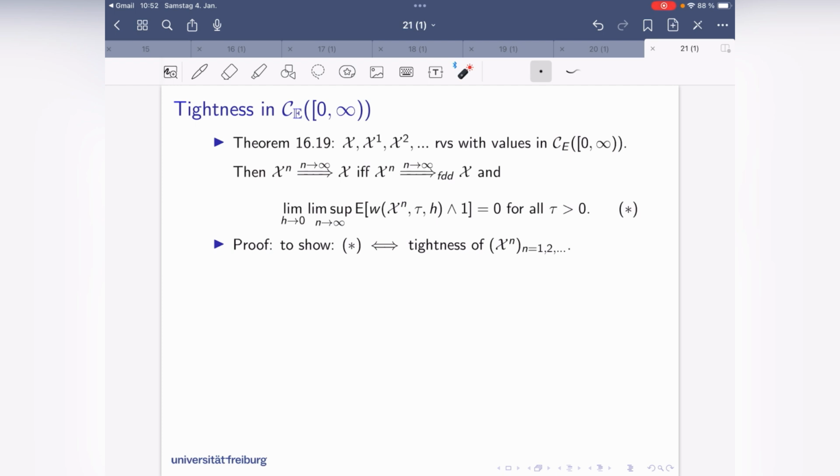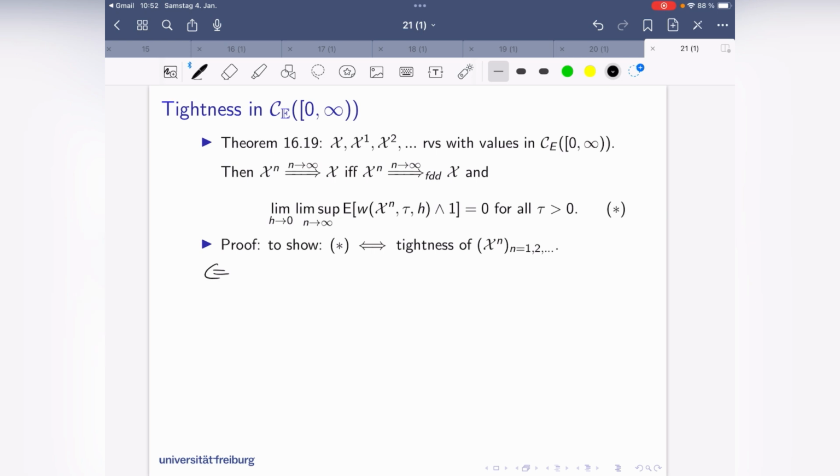Yes, how can we show this? So we have to show that this thing here is the same as tightness. And let me start with going from right to left. So I have tightness, and I need to show that the modulus of continuity behaves nicely.